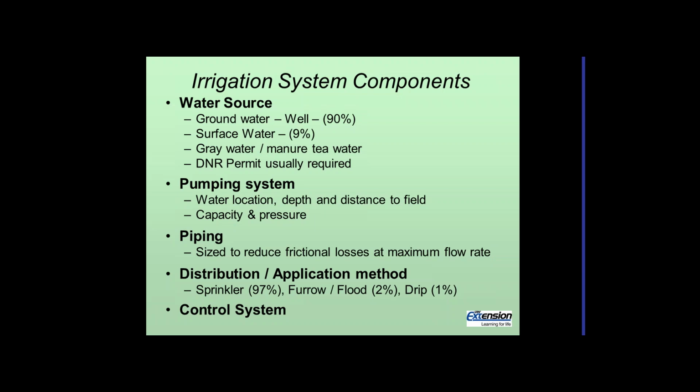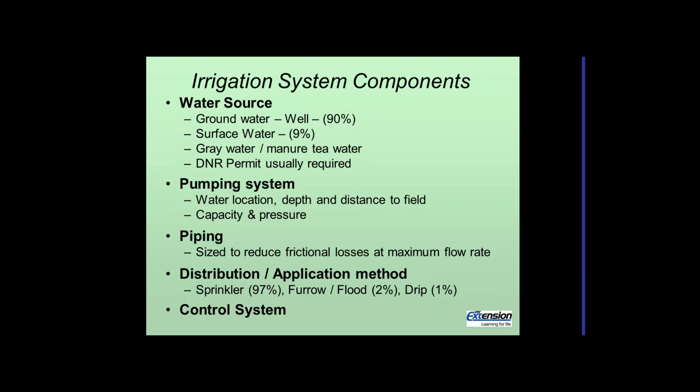And then we can use gray water, or basically if you're a food processor, you may have wastewater that can be irrigated onto land. In almost all cases, this is going to require a DNR permit, a Department of Natural Resources permit, to use any of these water sources. So to drill a well or to use the surface water. If you dug your own pond, it might not require a permit to use that water, but it would probably require a permit to dig the pond.